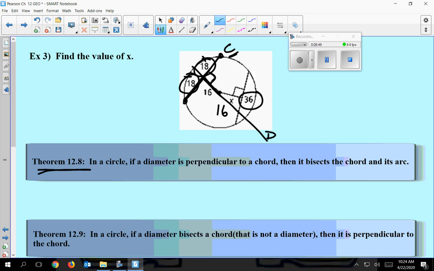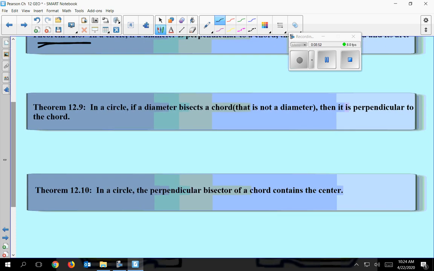In 12.9 down here, in a circle, if a diameter bisects a chord, and the chord's not a diameter, remember they're kind of the same, but a diameter is more specific, then it's perpendicular to the chord, okay? So that's kind of that same picture up above, just saying it in different ways.